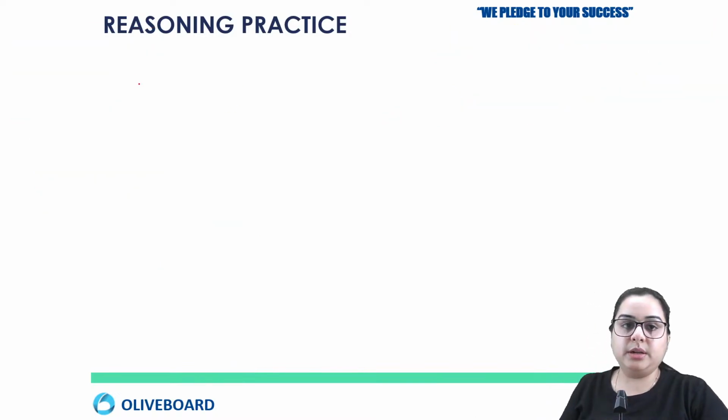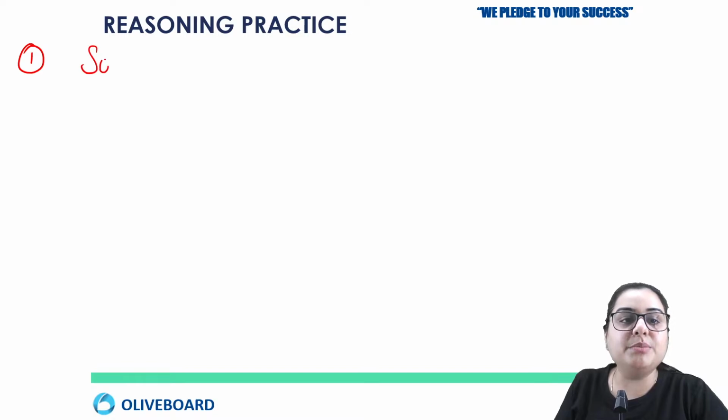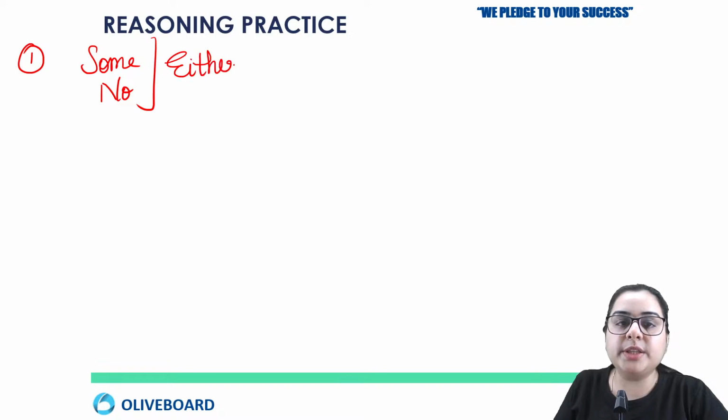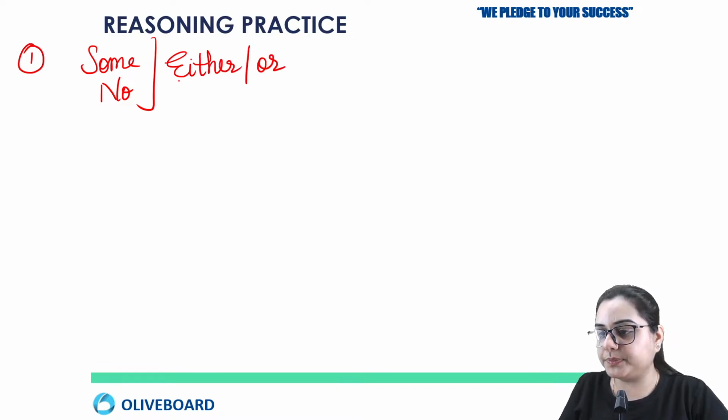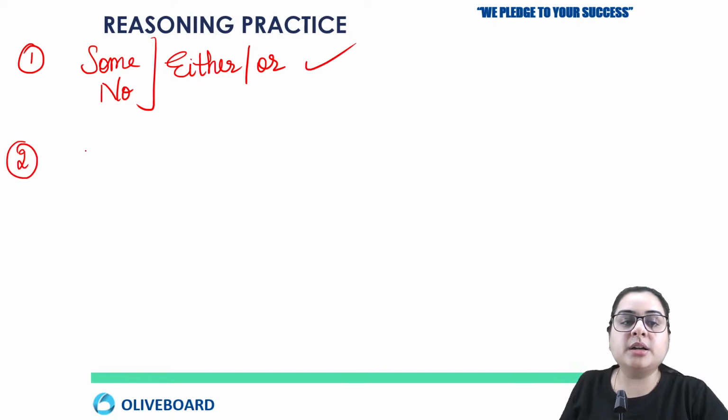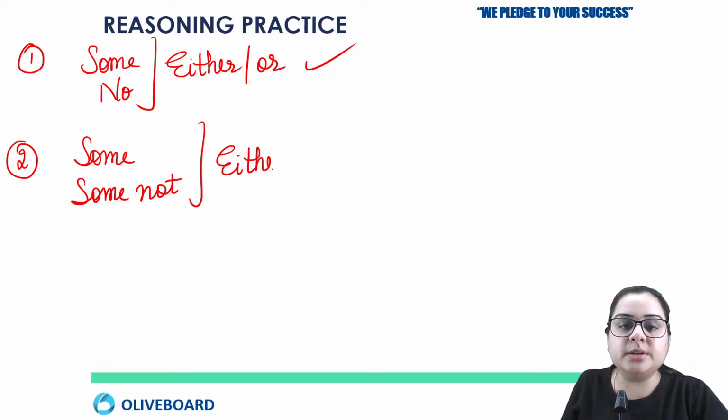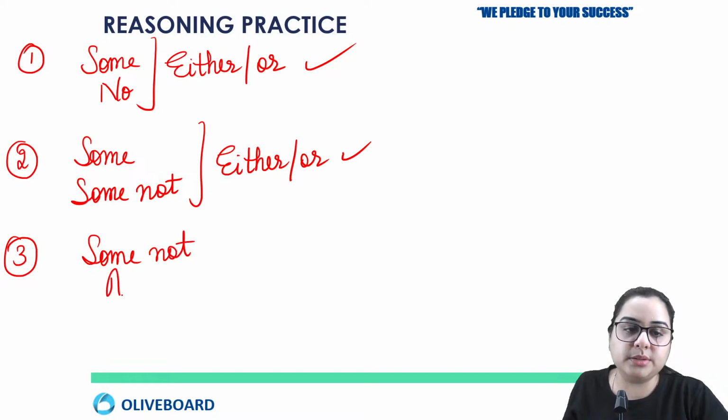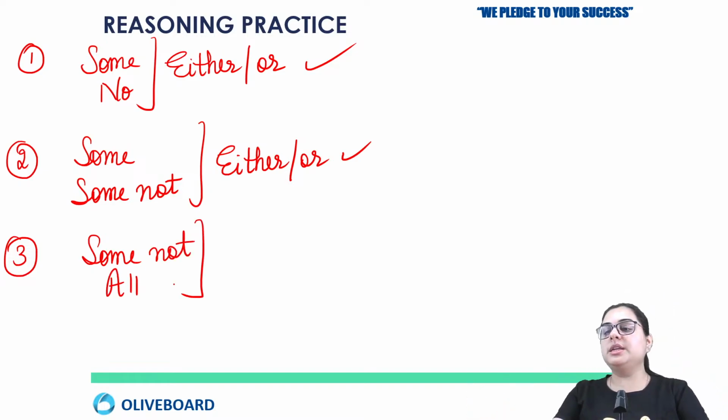Okay, so now I'm giving you some questions you have to answer. Can we mark either or between some and no? Can we mark either or between the combination of some and some not? Like if one conclusion is some and the other is some not. Can we mark either or between some not and all?